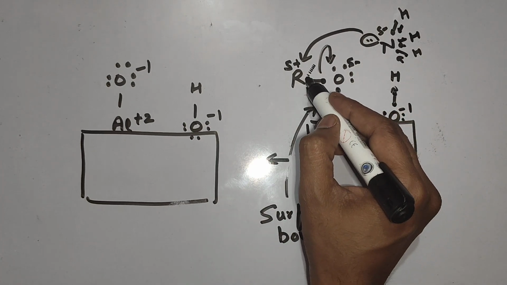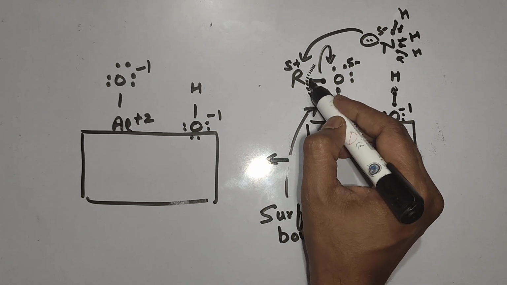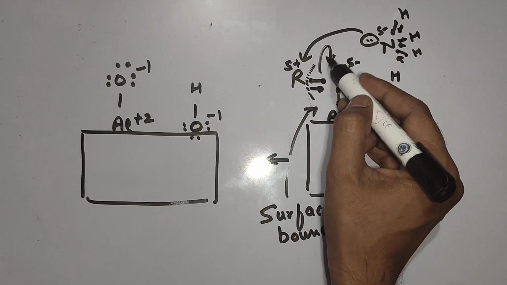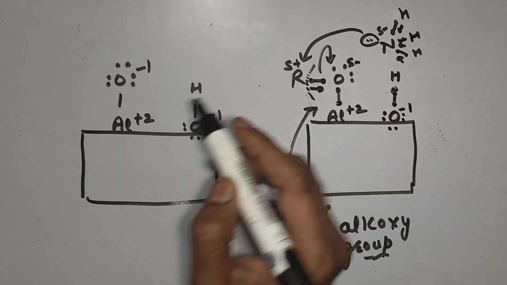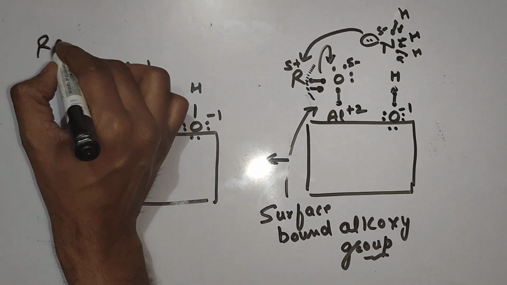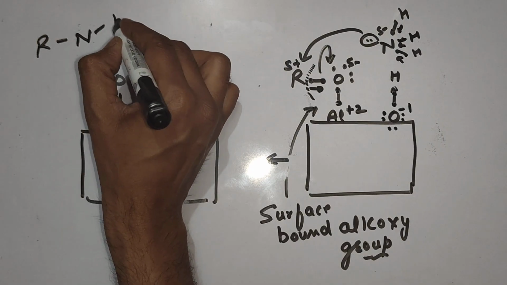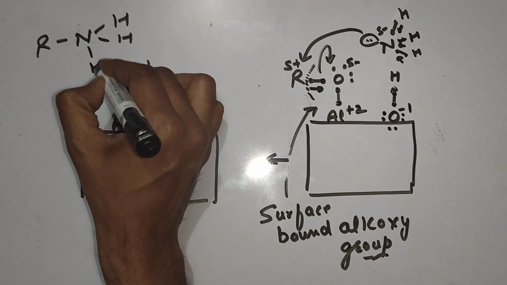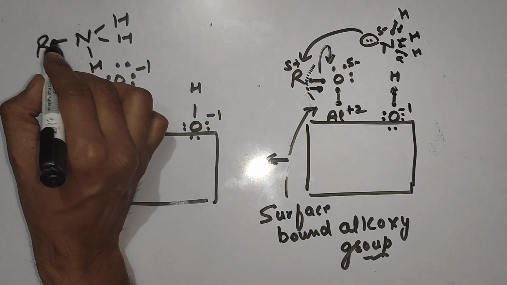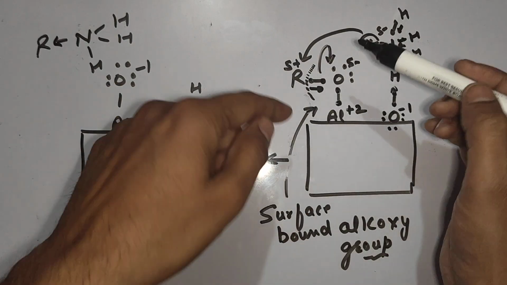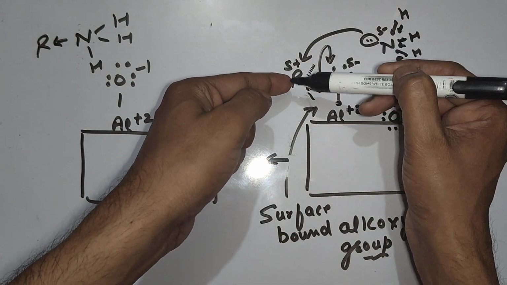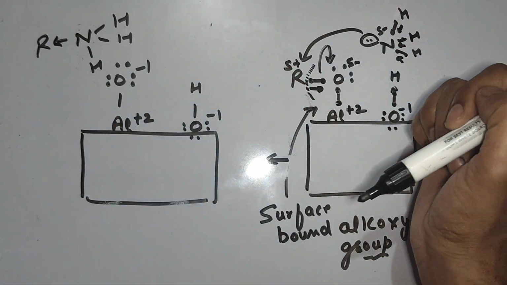Obviously this carbon will have a vacant orbital because its electron has gone toward oxygen. The vacant orbital and the lone pair of nitrogen will combine together and what will generate? RNH3. This one. And between carbon and nitrogen there will be a dative bond because nitrogen has given a lone pair to carbon for dative bond formation.